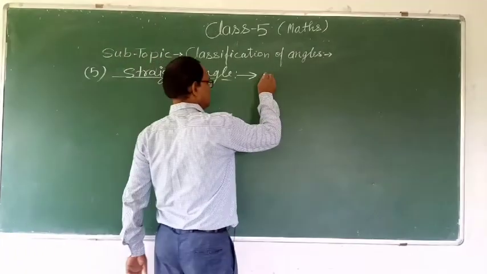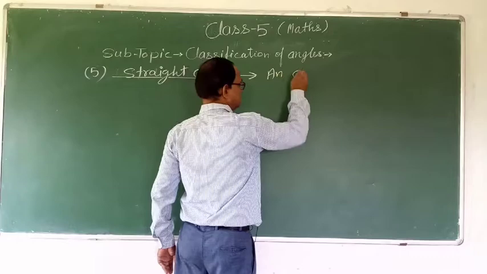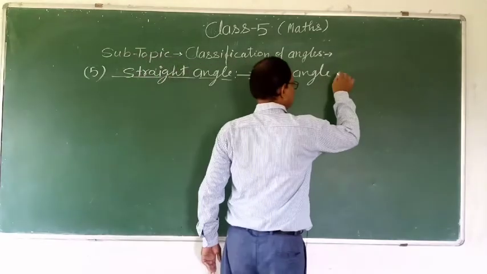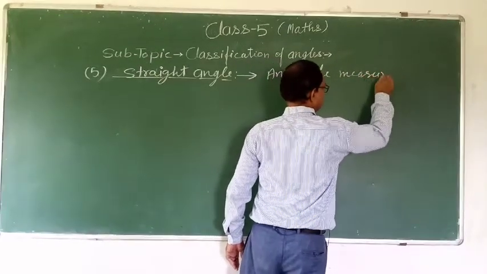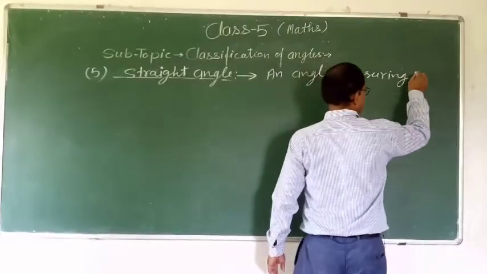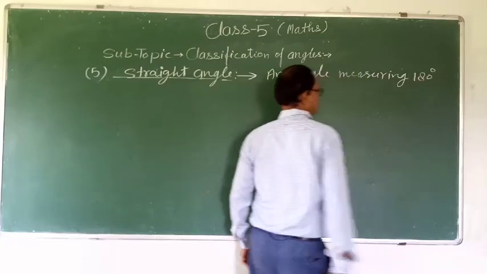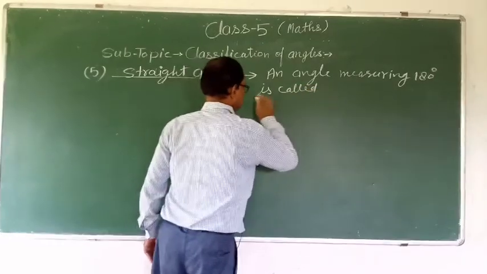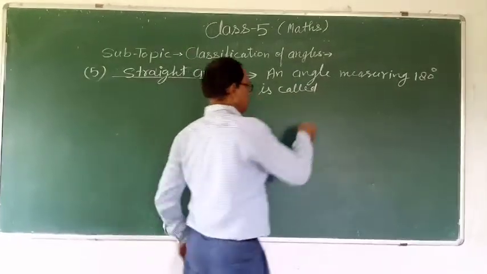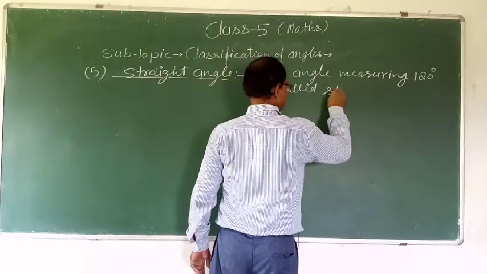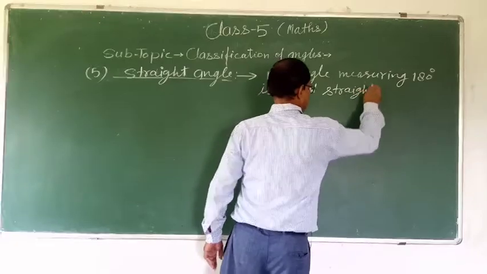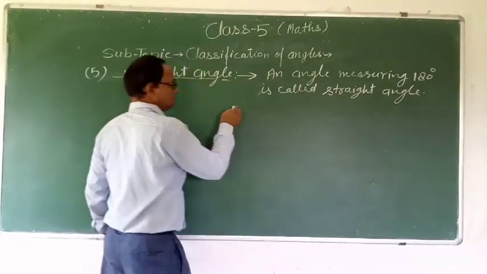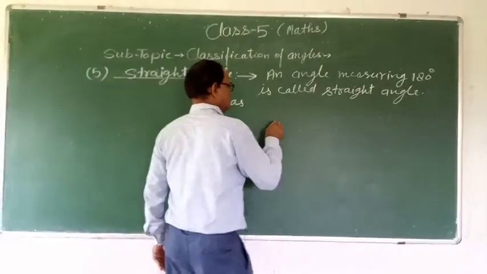An angle measuring 180 degrees is called a straight angle.